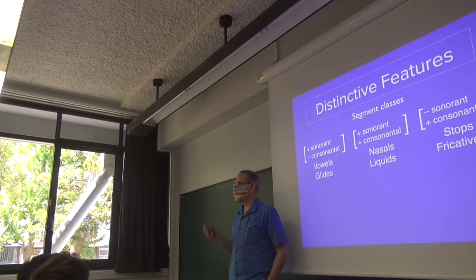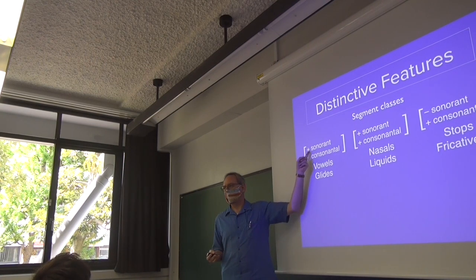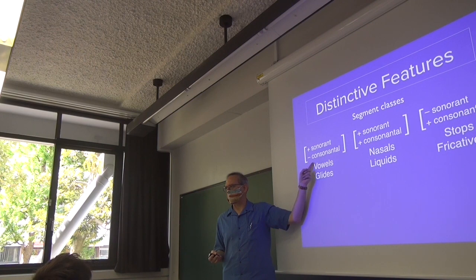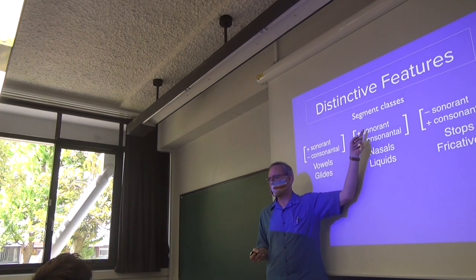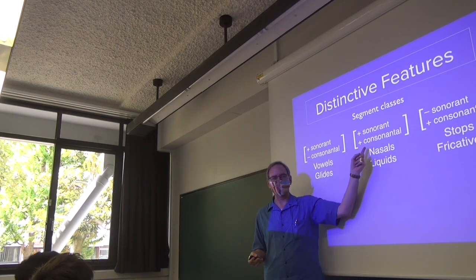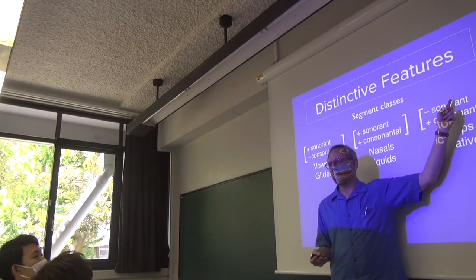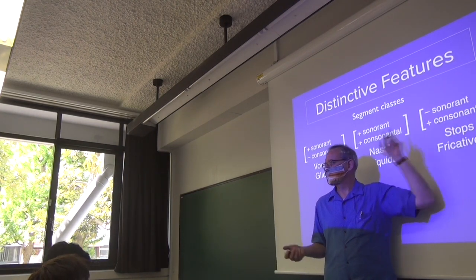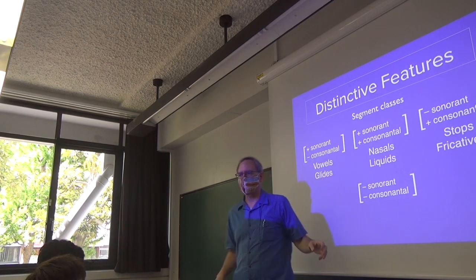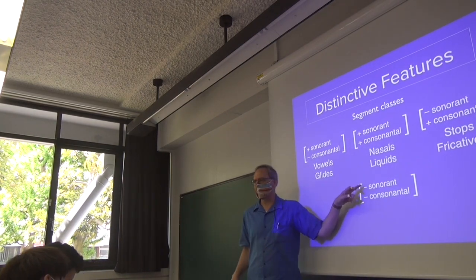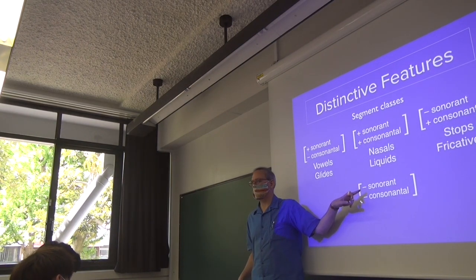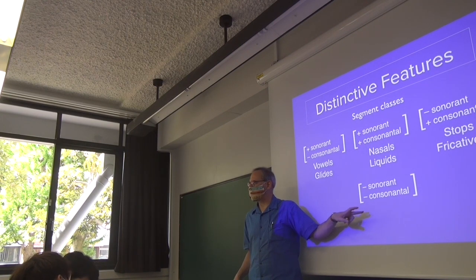But you may wonder, I've identified plus sonorant minus consonantal, plus sonorant plus consonantal, minus sonorant plus consonantal. Well, that leaves one combination of features. I could combine minus sonorant and minus consonantal.